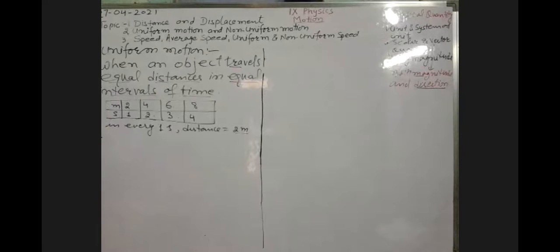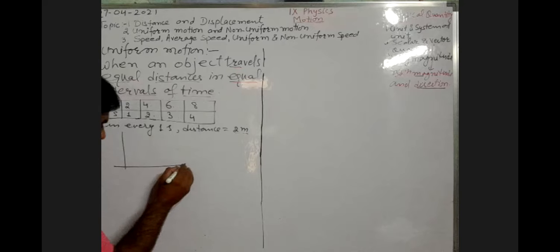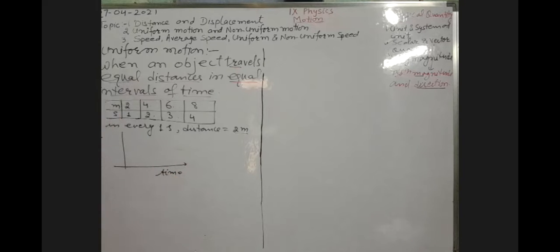Again, we can represent uniform motion graphically, with the help of a graph. So we can plot a graph. I will explain the distance-time graph in the upcoming lecture, but here I am taking just the basic knowledge. All you know about the graph is the x-axis and the y-axis. On the x-axis we can take the time, and on the y-axis we can take the distance.